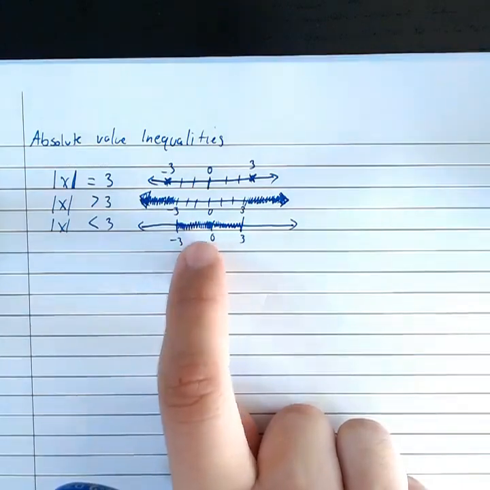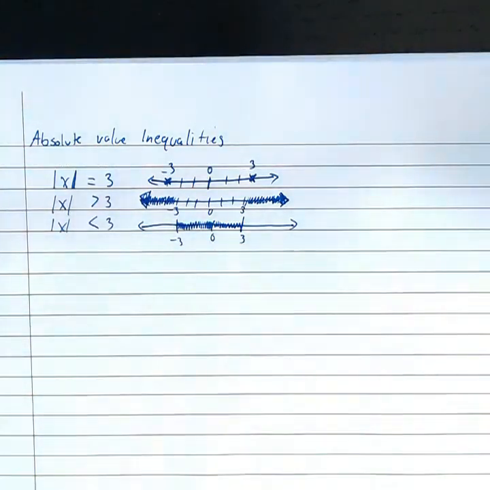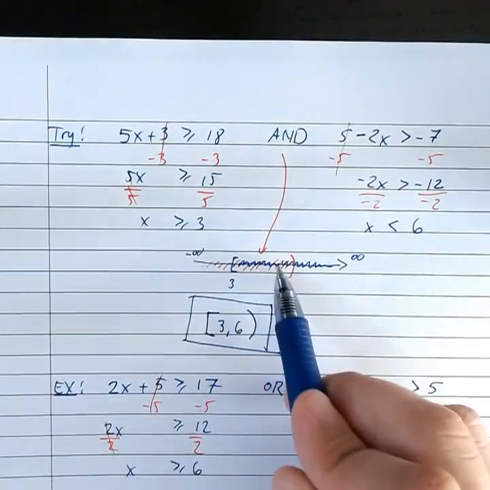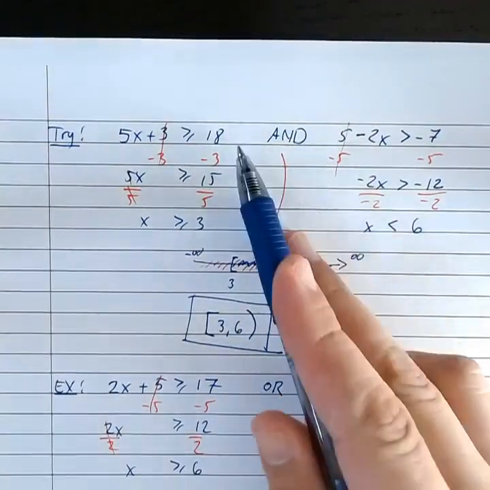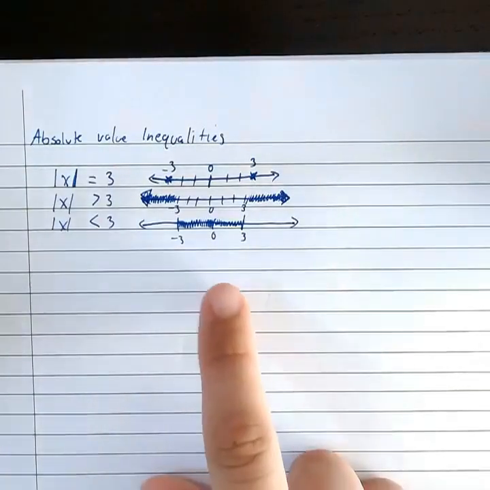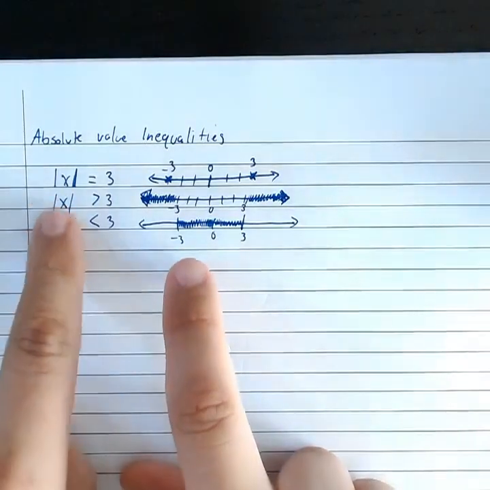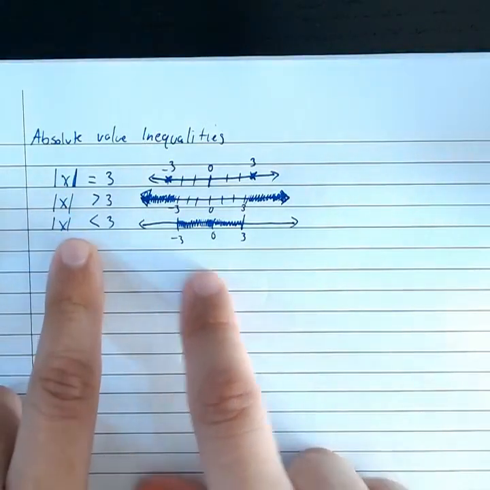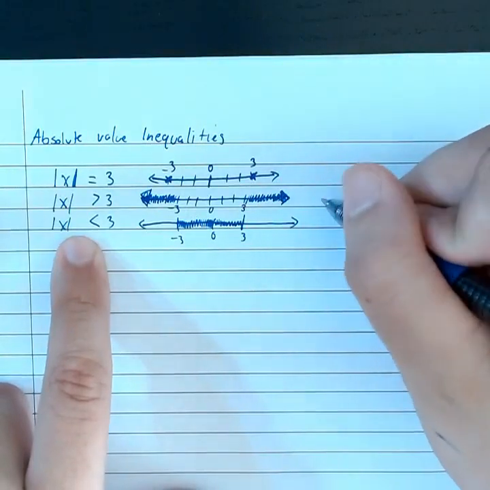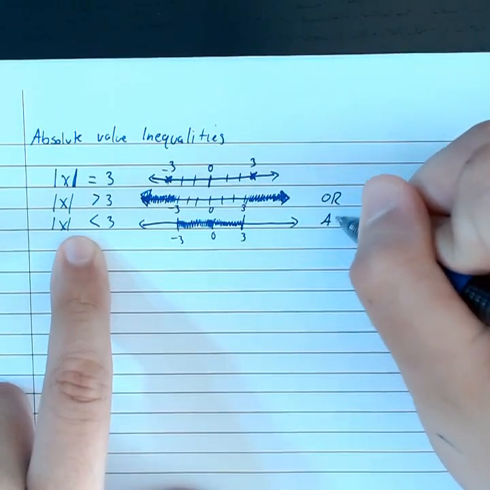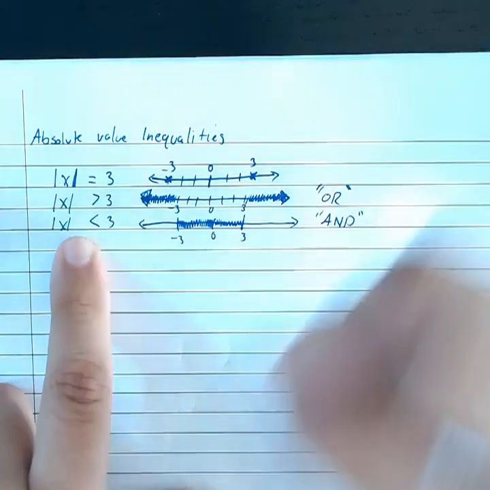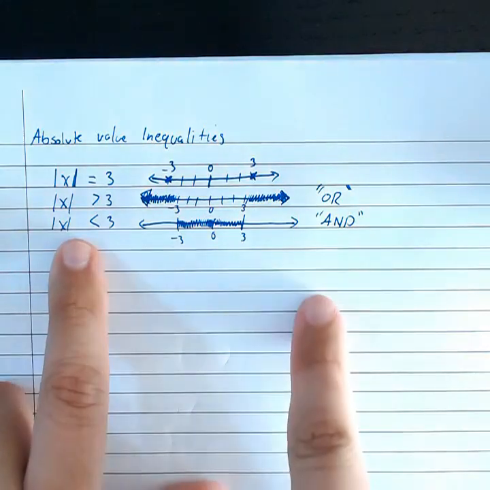Oh, but that's just all the stuff in between two endpoints. Notice, that's what a conjunction looks like. That's what a compound inequality with the word and looks like. So whenever you see an absolute value inequality, you can think of these as being either an and statement or an or statement. And once you think about it that way, it becomes much simpler.